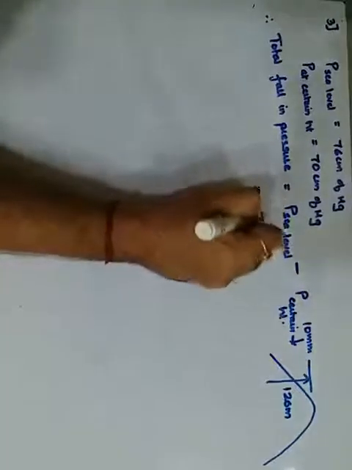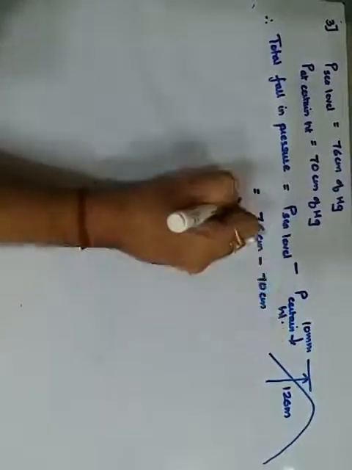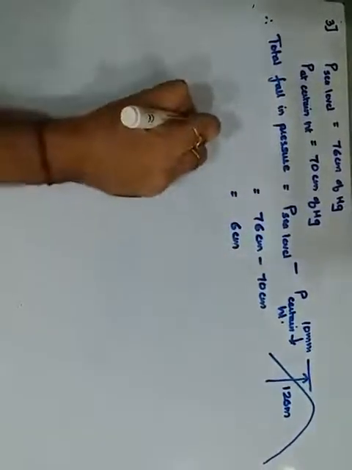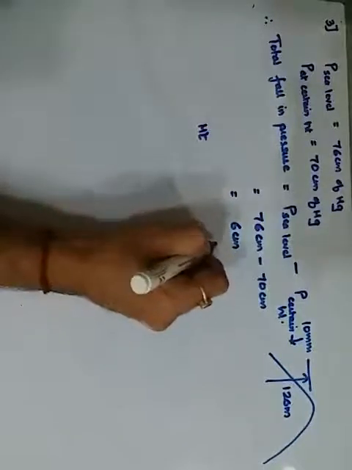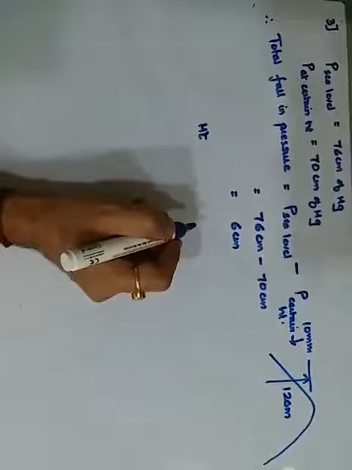So pressure at sea level is 76 centimeter minus this 70 centimeter. So there is a difference of 6 centimeter. But just now we said, I am making it easier. Look at it.